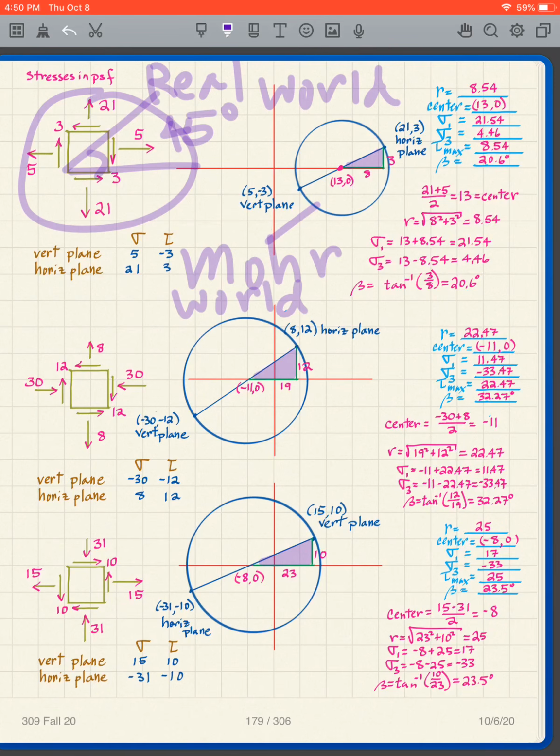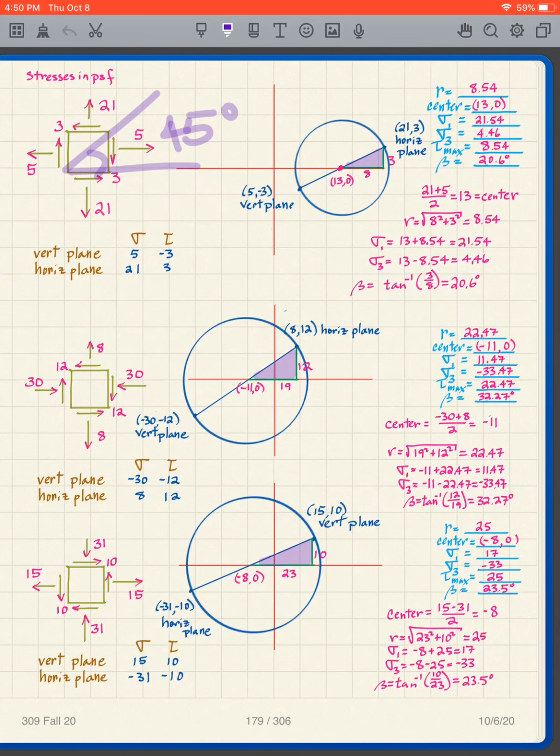So we're going to have 2 different worlds here, the real world and the Mohr world. And what we find is that the Mohr angle, the angle in the Mohr world, is twice the angle in the real world. So in other words, if this is 45 degrees in the real world, in the Mohr world, we're going to see that is represented by 90 degrees.